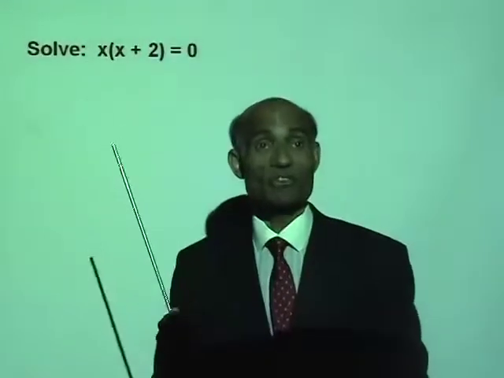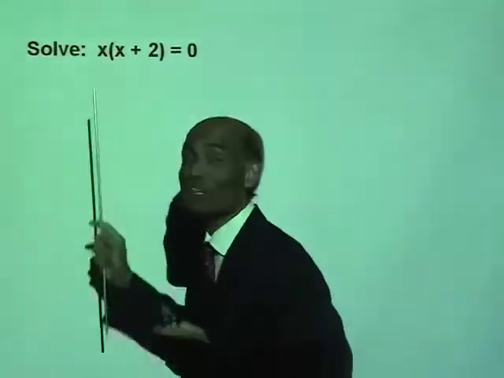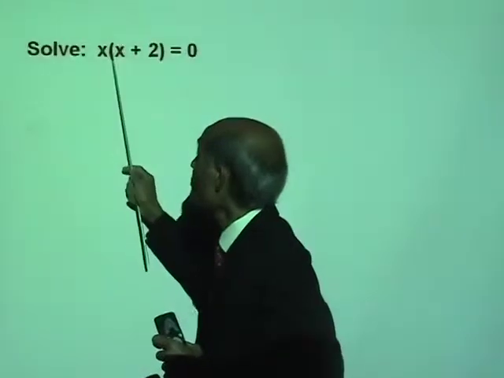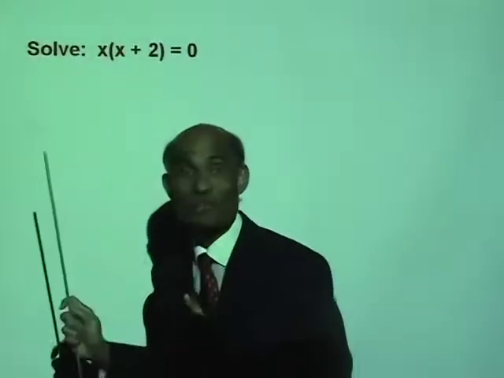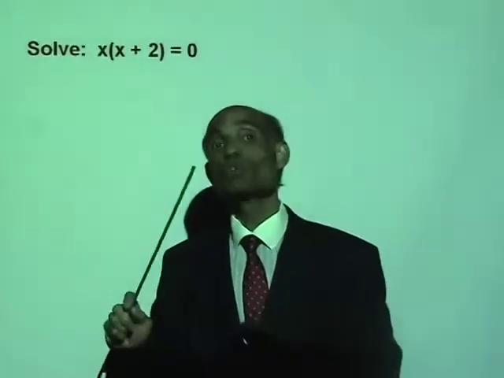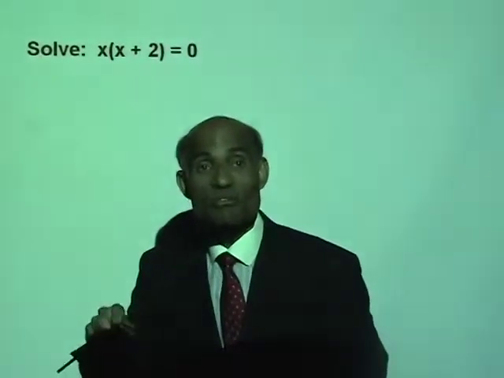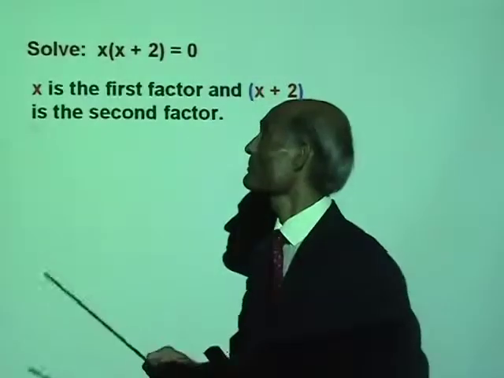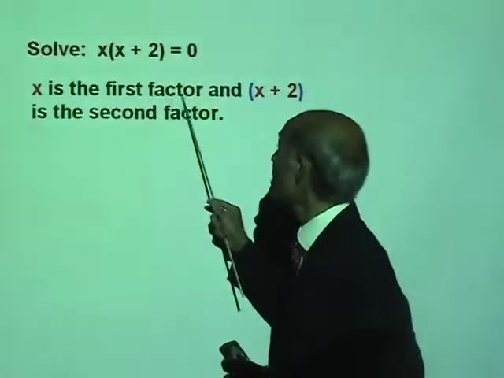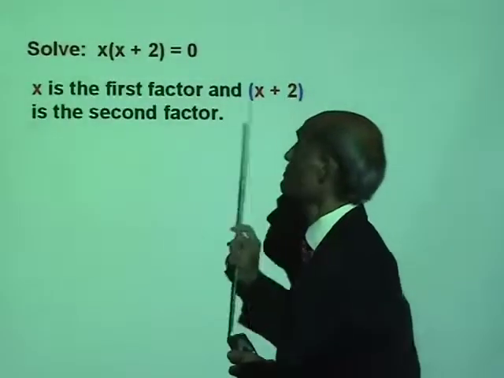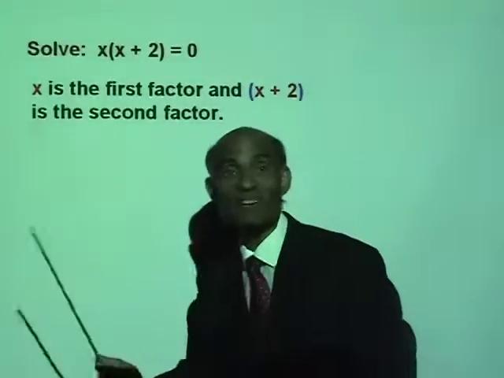There are two factors. What are they? x is one factor, x plus 2 is the other factor. So what do we do to solve this equation? Set each factor to 0.